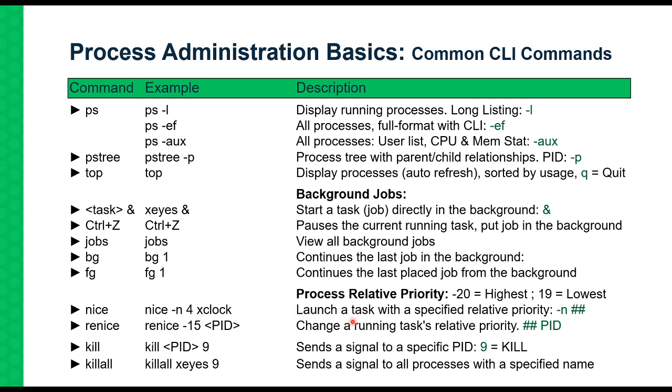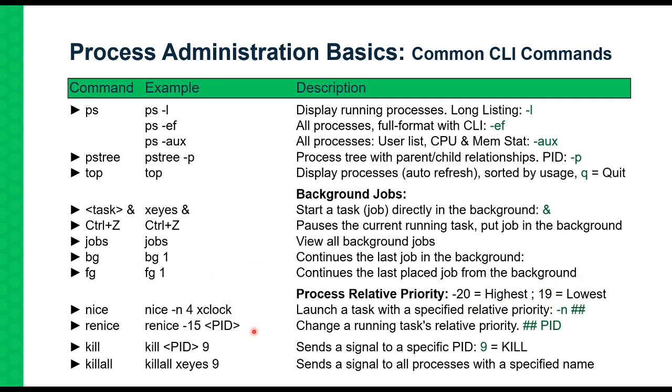If we launch a task with a specific relative priority using -n and the number we would like to add, for example nice -n 4, 4 is lower, meaning we're going to a lower process priority.